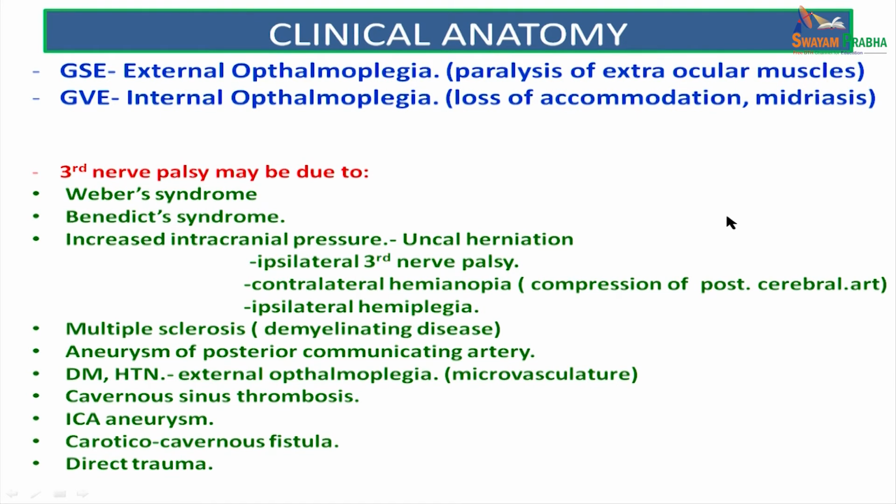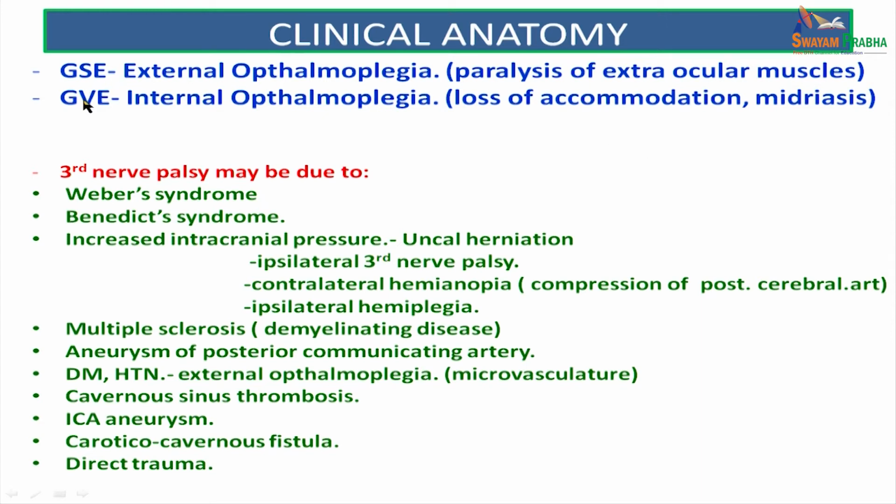So, what happens if there is any injury to the oculomotor nerve? When general somatic efferent fibers are damaged, it leads to external ophthalmoplegia. That means paralysis of extraocular muscles.